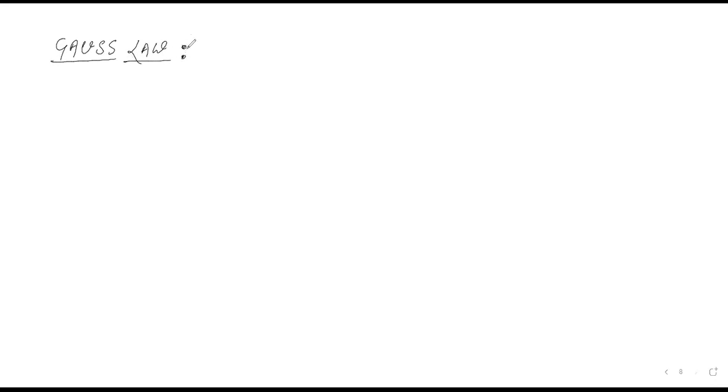Can any one of you tell me what Gauss law is in actual? Gauss law states that the total electric charge within a surface is equal to... No. I just want to ask you, what is the significance of Gauss law?